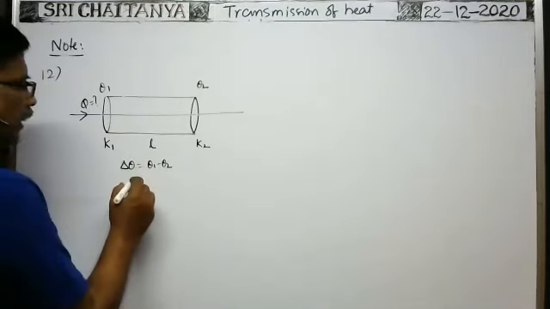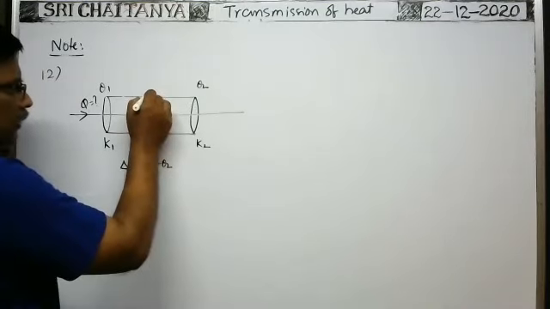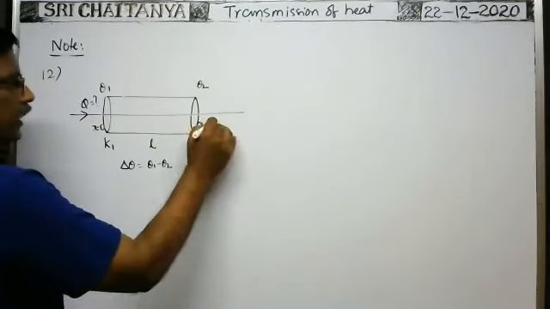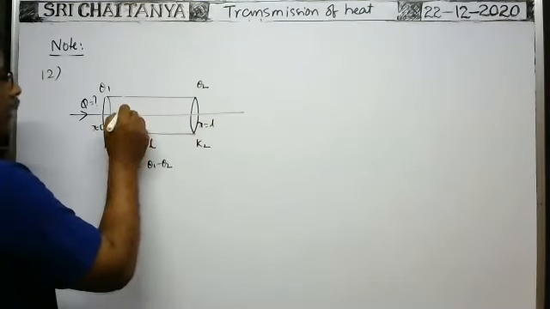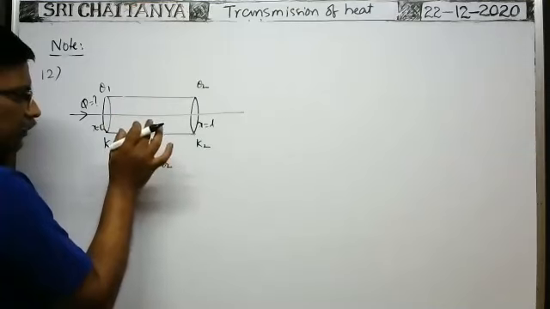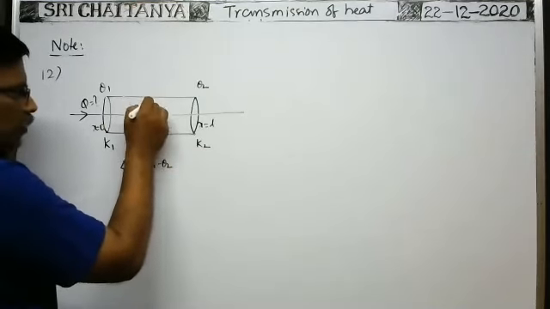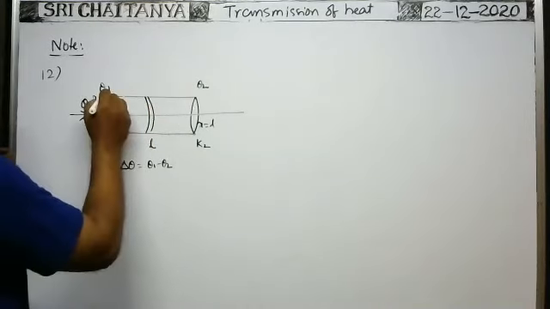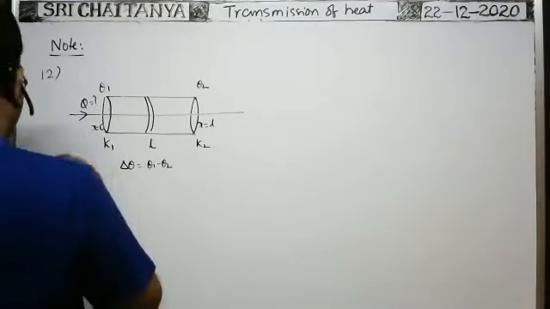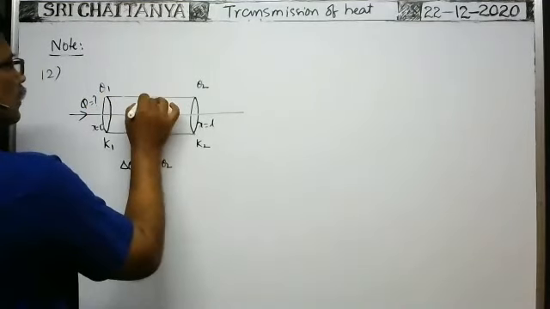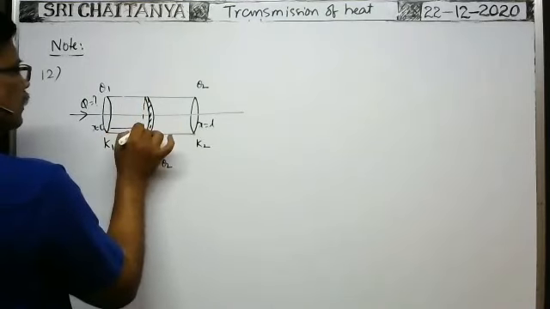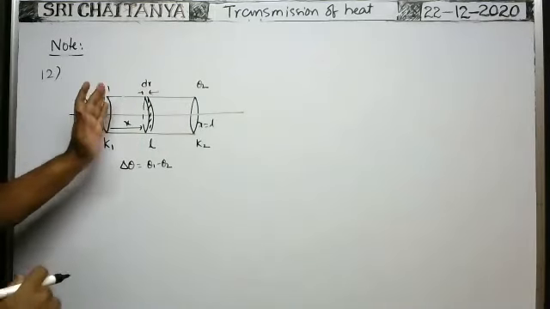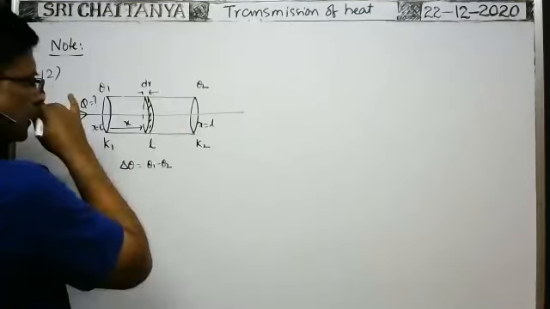Suppose at the first end x is equal to 0, and at the other end x is equal to L, because the length of the rod is L. As the coefficient of thermal conductivity is not constant, first consider a small element at a distance x from the first end, with thickness dx.